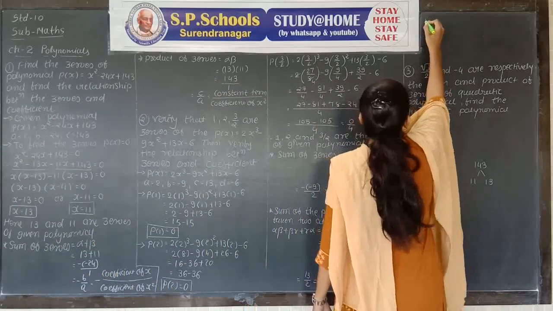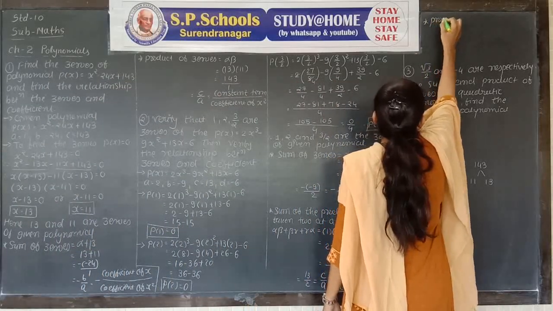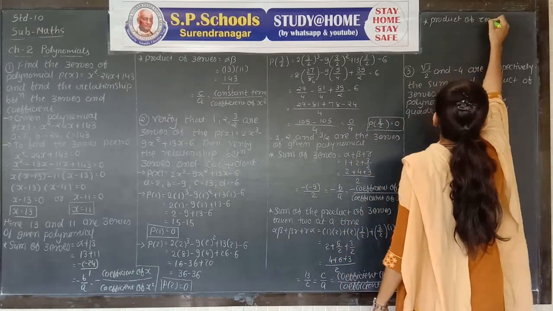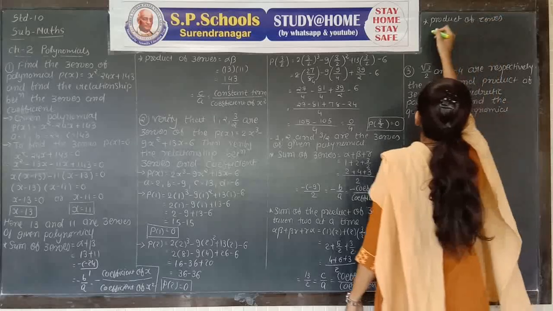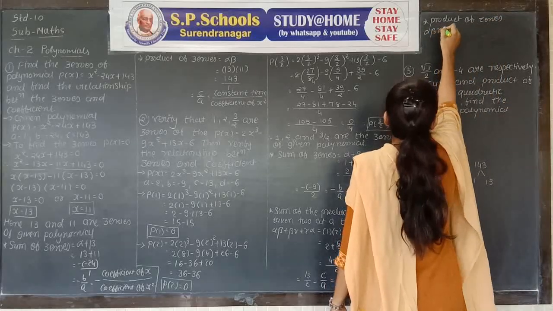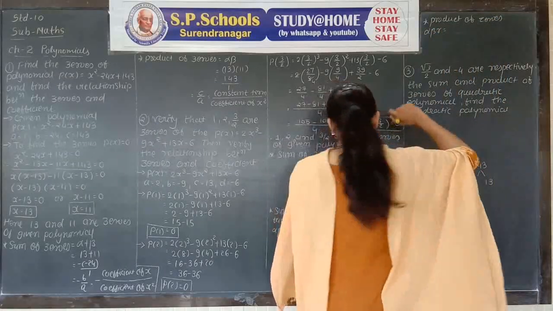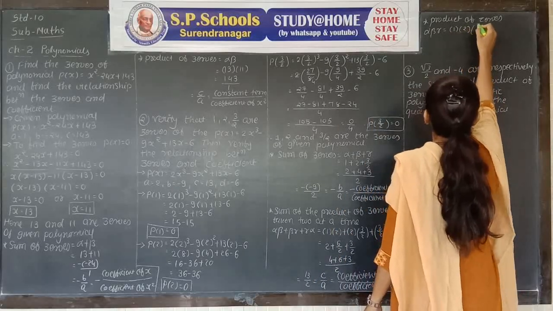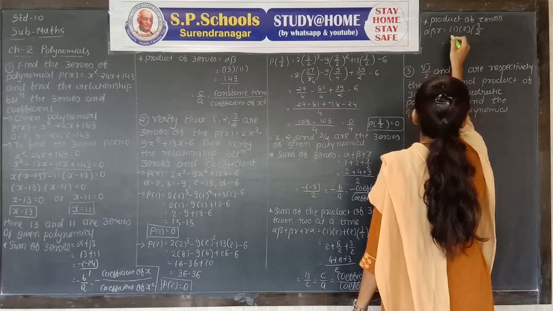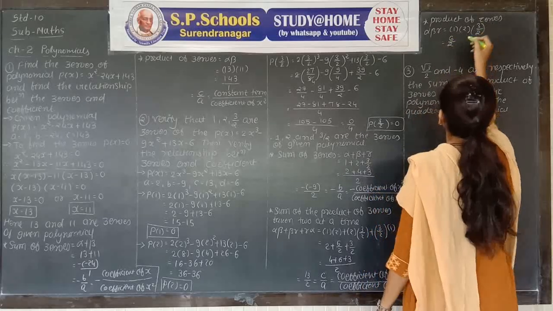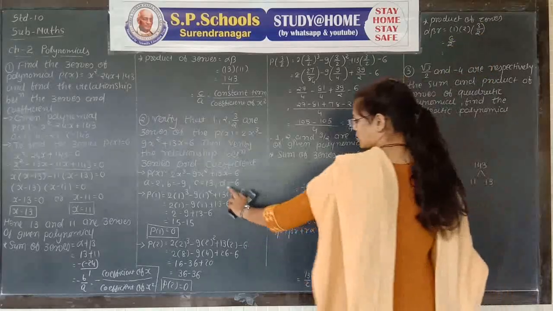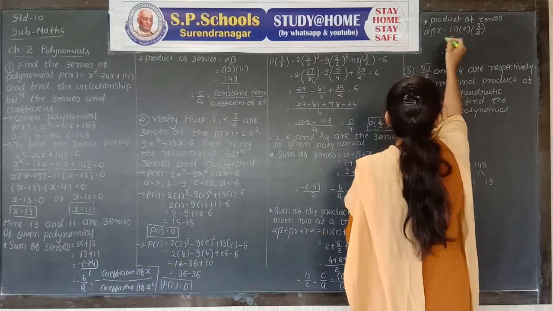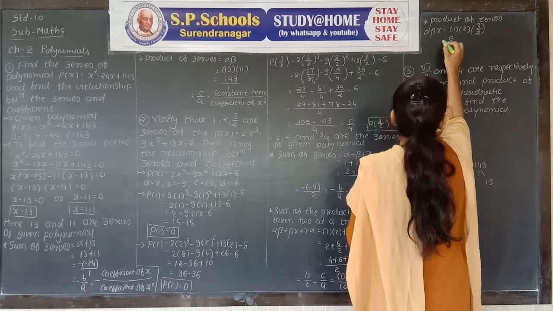Now third is the product of zeros. Alpha beta gamma is equal to, alpha is 1, beta is 2 and gamma is 3 upon 2, which is 6 upon 2, where the 6 is multiplied with minus, so we multiply it by minus as a 2 times.